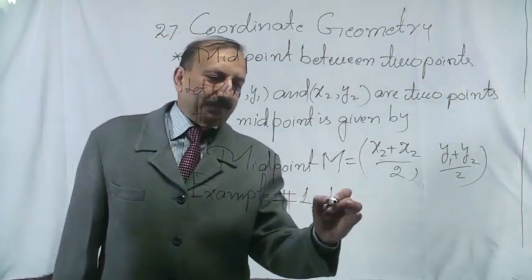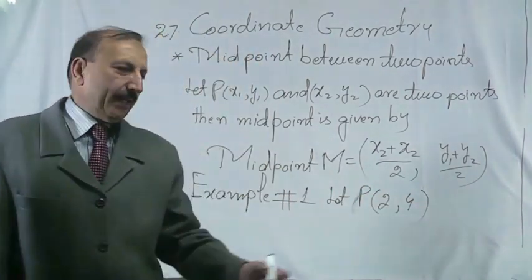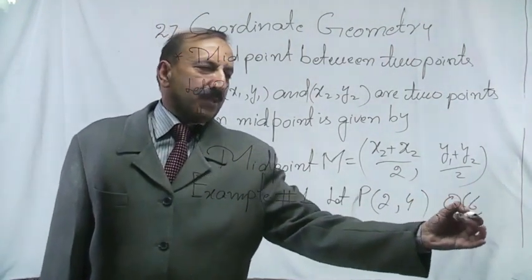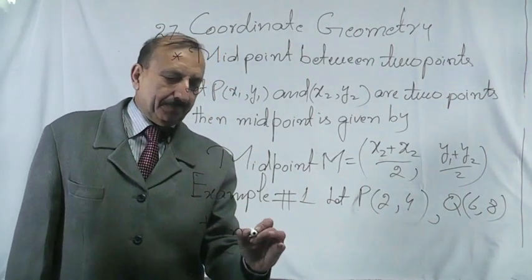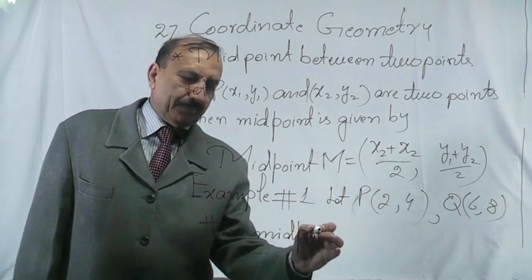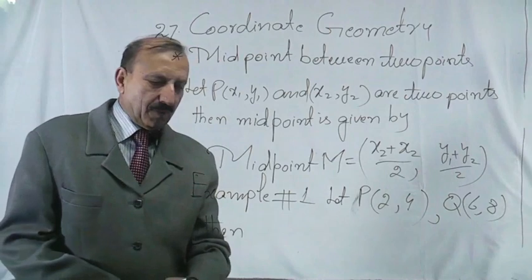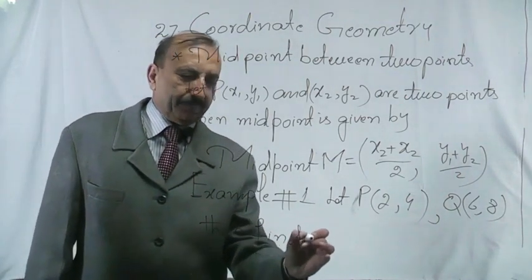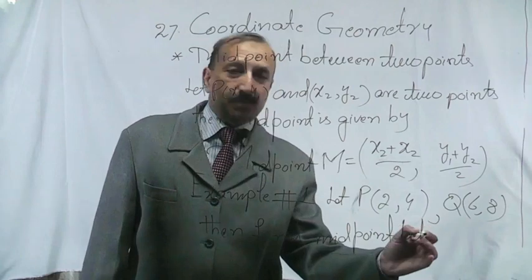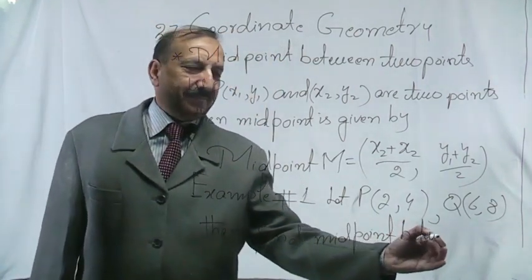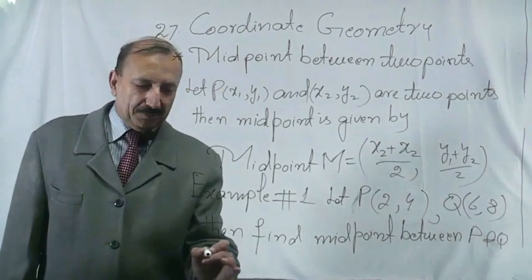Let P have the coordinates 2 and 4, and let Q have the coordinates 6 and 8. Then find the midpoint between P and Q.